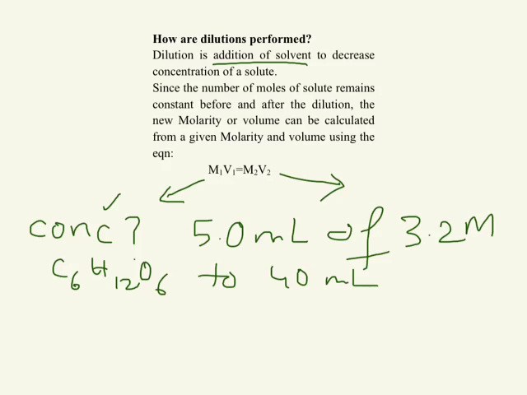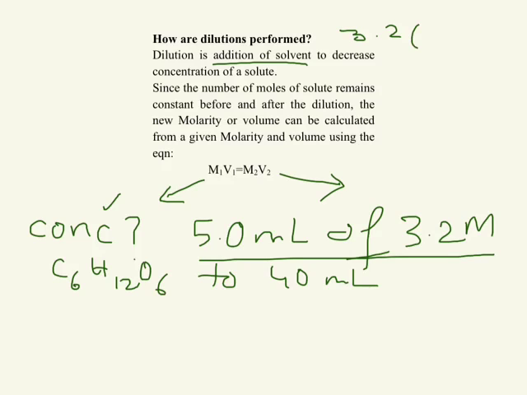You had 5 ml of 3.2 molar glucose solution, and you changed the volume to 40 ml, meaning you added more water. So M1 is the molarity before dilution. What will be M1? M1 will be 3.2.